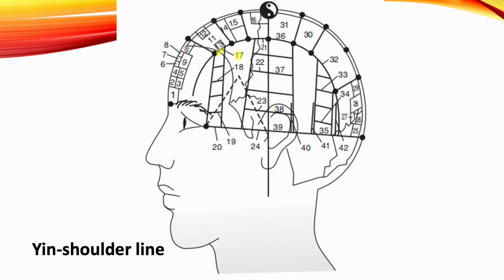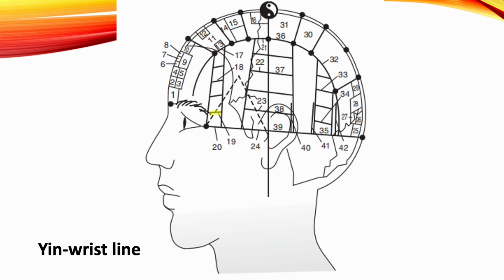In shoulder line, number 17. The first line. This is the portion on the anterior posterior side line. In elbow line, number 18. The third line between the second portion and the third portion.